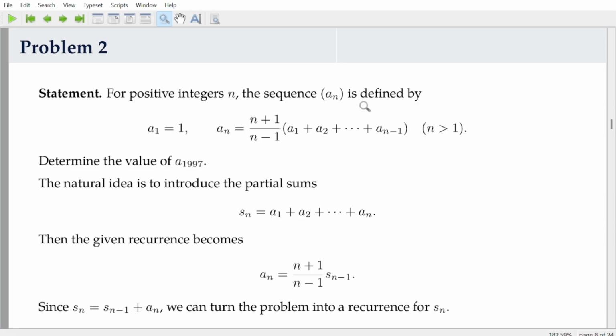Because s sub n minus 1 is just a1 plus a2 all the way up to a sub n minus 1, and s sub n is the same but with a sub n on the end, so this is quite obviously true just by using the definition of s sub n. Okay, so since we know this is true, we can hopefully turn this idea into a much cleaner recurrence for s sub n, and then work backwards to find our nth term for a sub n, which is the main idea in this question.